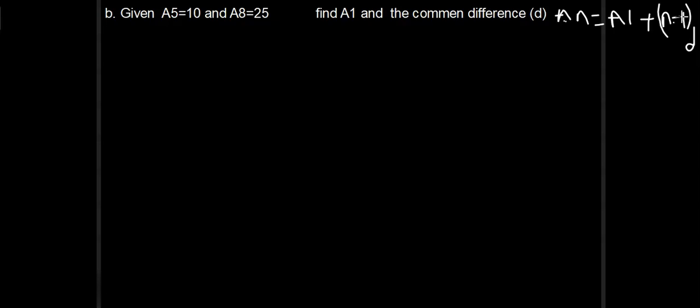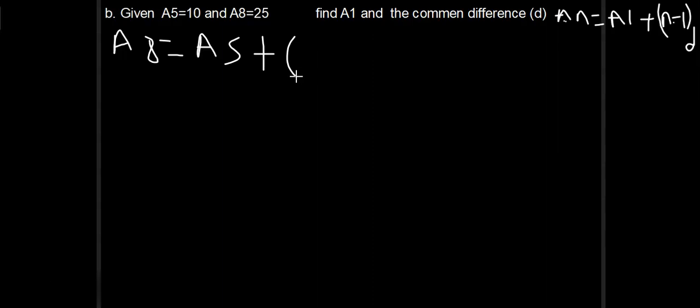So let me say a8 equals, I substitute a8 instead of an, and then a5 instead of a1, and then plus n minus 1. In the n minus 1 spot, I just want to subtract 5 from 8.